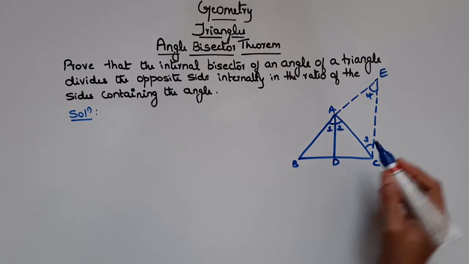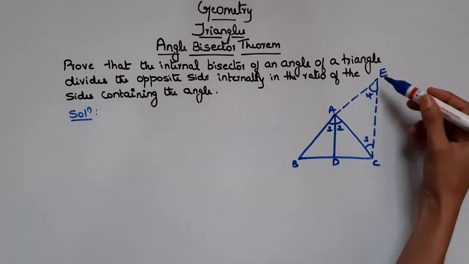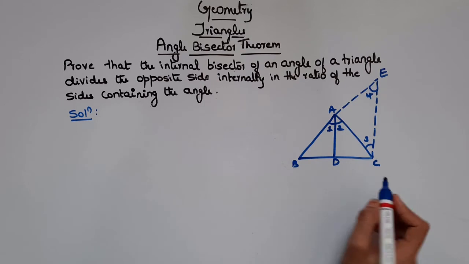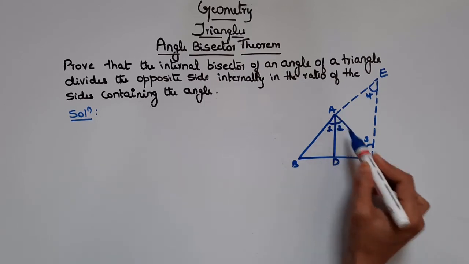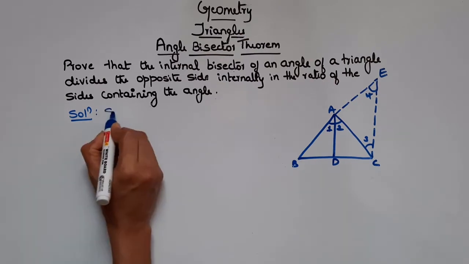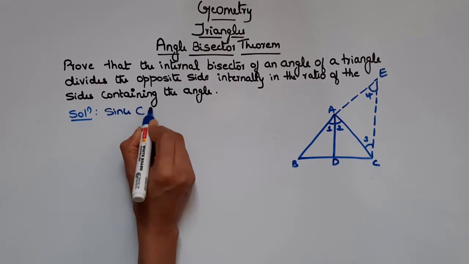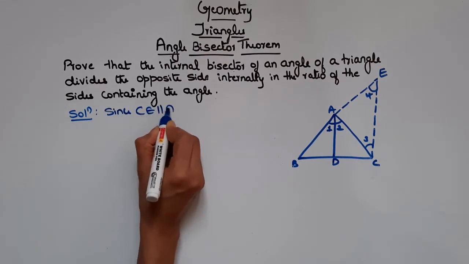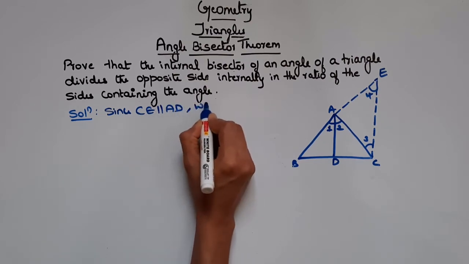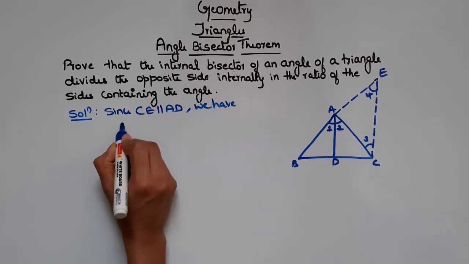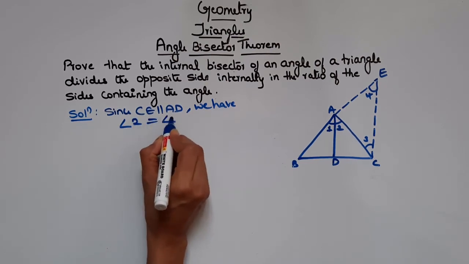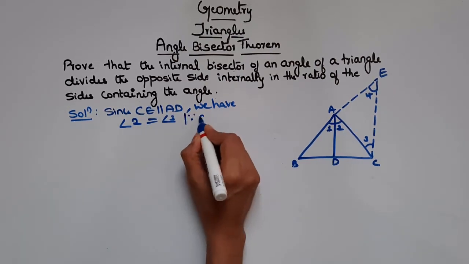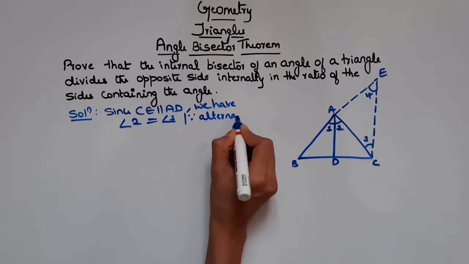So let's continue. Since we have drawn CE parallel to DA, angle 2 is equal to angle 3. Agreed? It's alternate angles, right? Since CE is parallel to AD, we have angle 2 is equal to angle 3, since alternate angles.